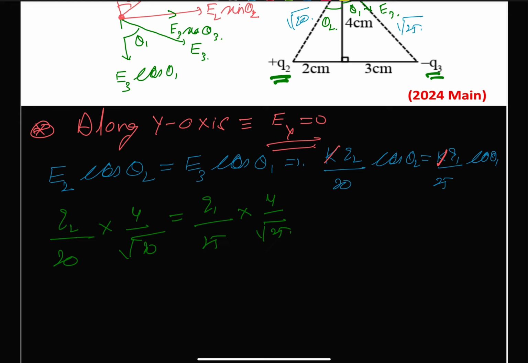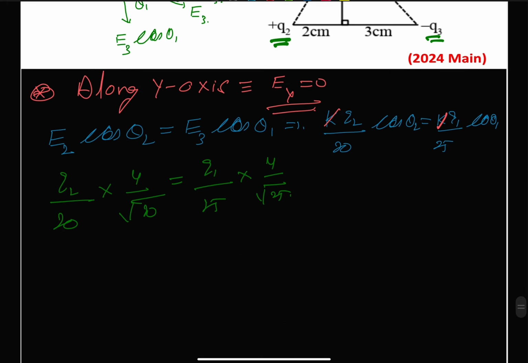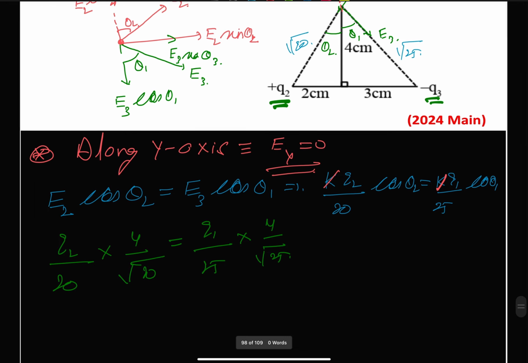We have to find out the ratio Q2 by Q3. One second, this is not Q1 but Q3.